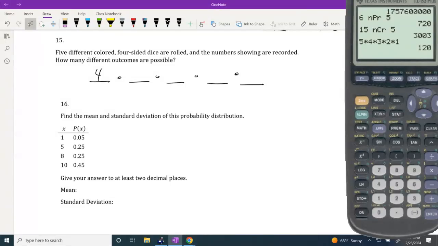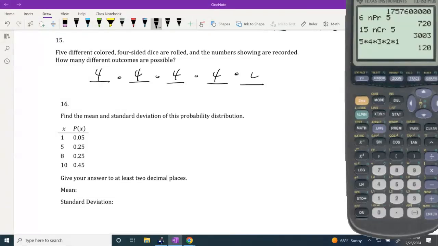Now these are going to be independent. One dice doesn't have anything to do with the other dice, because it doesn't say if you're rolling them one at a time or all at once. But I know I have 5 dice. So for the second dice, how many outcomes? Still 4, because each one of these dice has 4 sides.